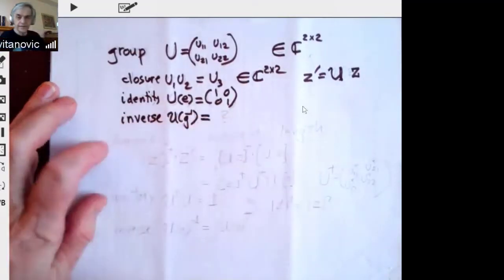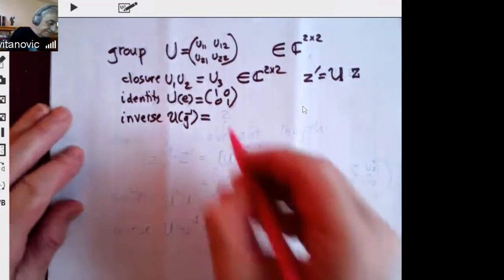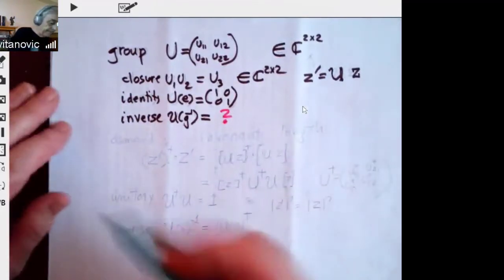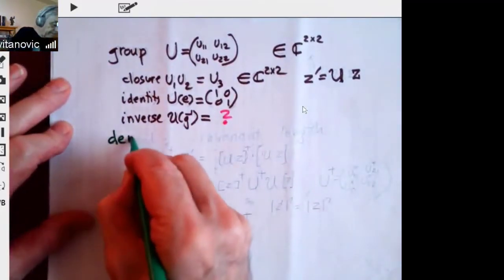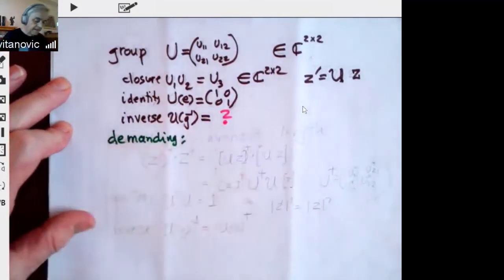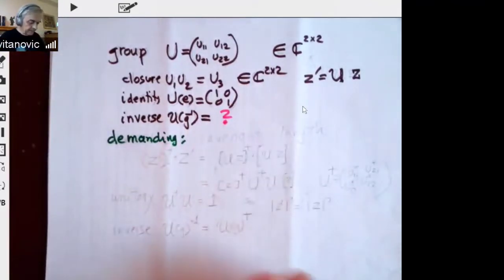This is now the abstract definition of the group. And what is this inverse? That's fixed by demanding that the length is invariant.